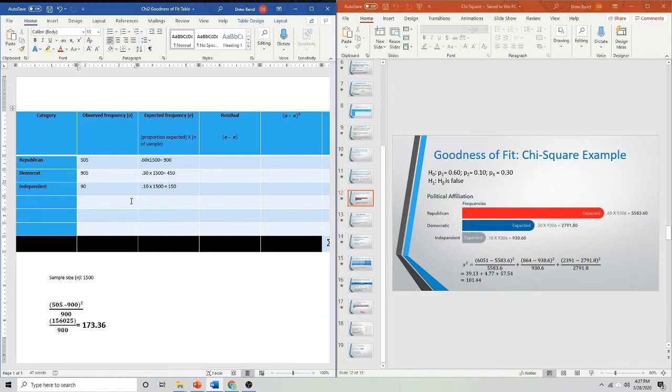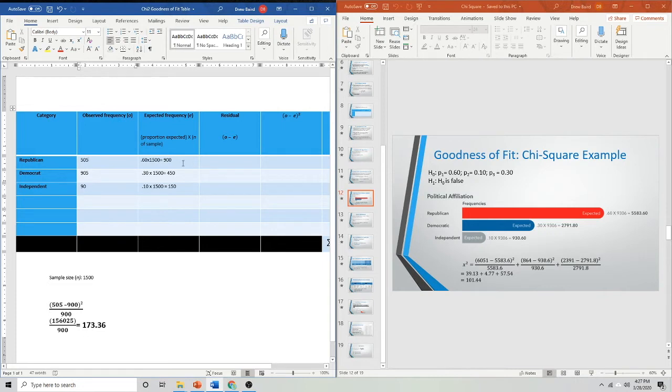The next thing you need to do is calculate your expected frequencies. Your expected frequency is the frequencies that you would see in your sample if the proportions were identical to the population. So in other words, if the Newport News political party breakdown was exactly the same as the rest of the American South, this is what you would see. For instance, 60% of our sample would be Republican.